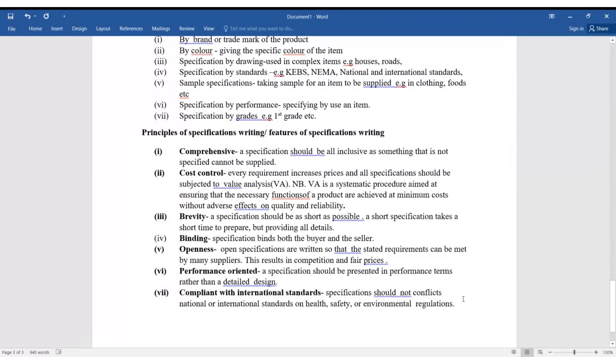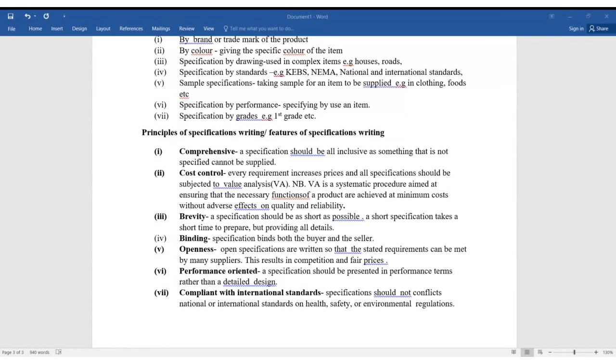Writing is concerned, and it is important that those who code an item must observe those key standards.